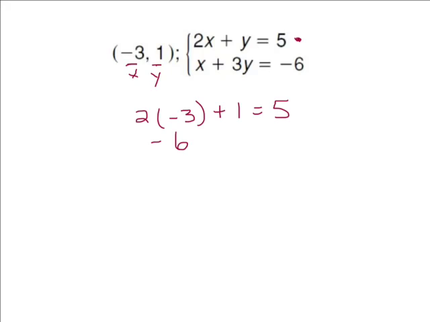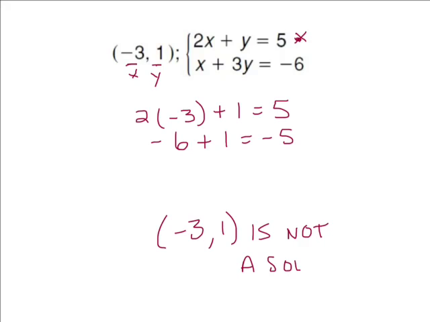This is -6 plus 1. That equals -5. That is not the same thing as +5. So we need to just stop right there, because if that point doesn't work for the first one, it won't work. It's not a solution to the system. So (-3, 1) is not a solution.